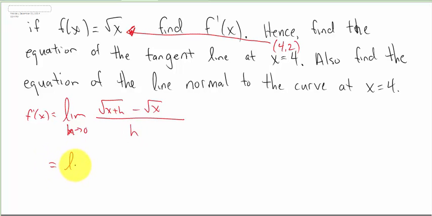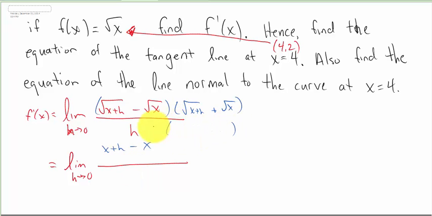You may remember that when we want the square roots to go away in the denominator, we rationalize, we multiply by the conjugate of what's down there. We're going to use that same skill, but we want the radicals to go away in the numerator. So, we're going to multiply by square root x plus h plus square root x. And this will leave us in the numerator with x plus h minus x.